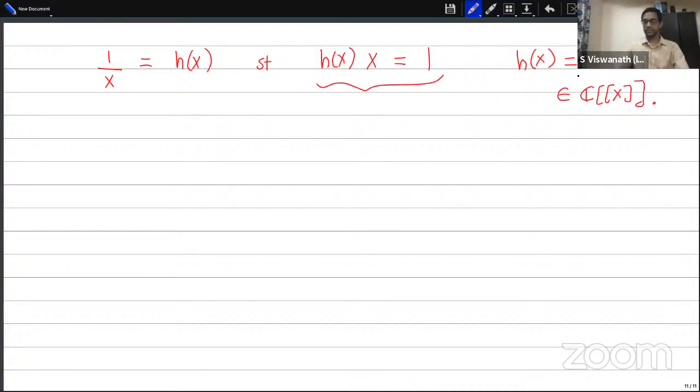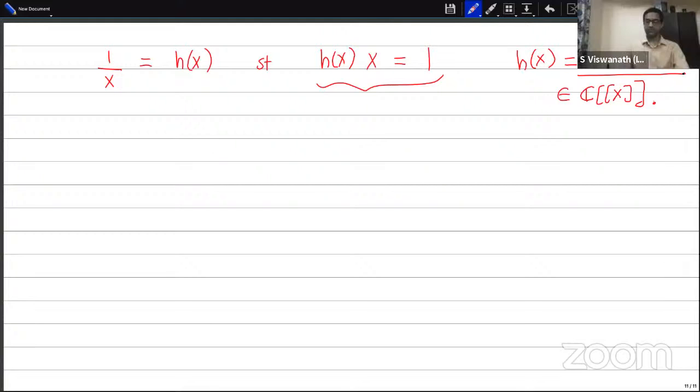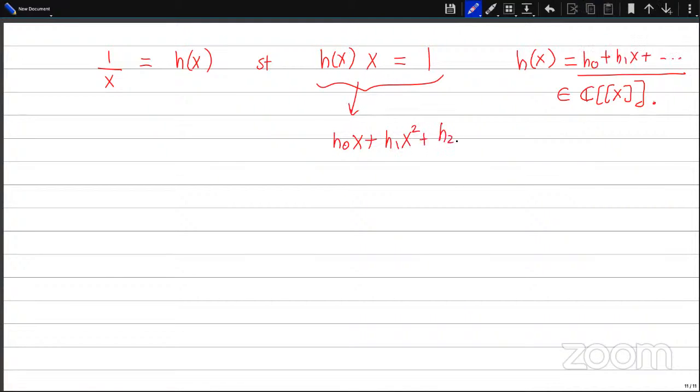If I take a power series h like this and multiply it by the power series x, is there any chance I can get 1? No, the constant term is not equal. The constant term of h(x) times x is already 0 on this side. The left-hand side is going to look like h_0 x and so on.